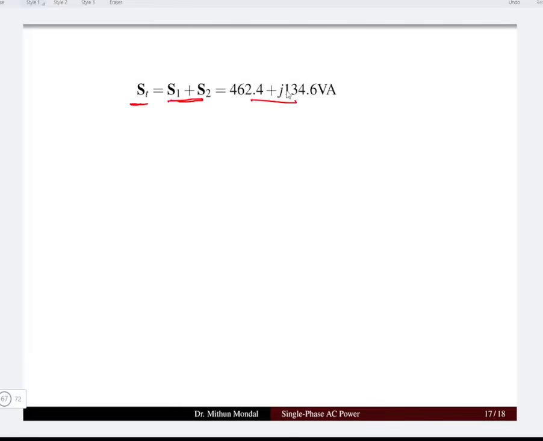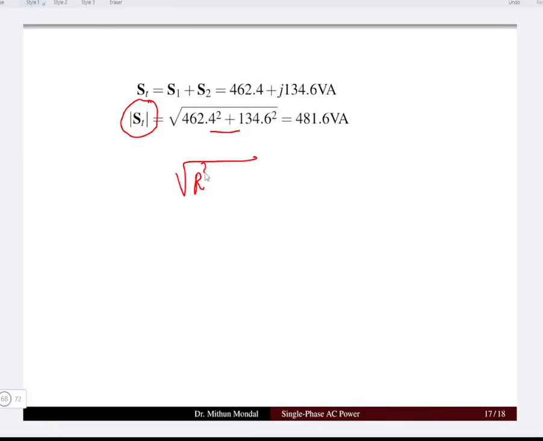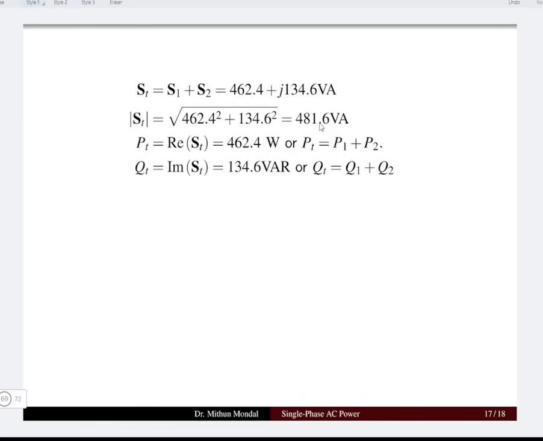We can add it. And the apparent power is nothing but the magnitude of the complex power, which is the square root of real squared plus imaginary squared, which comes to 48.6 volt ampere as the apparent power.